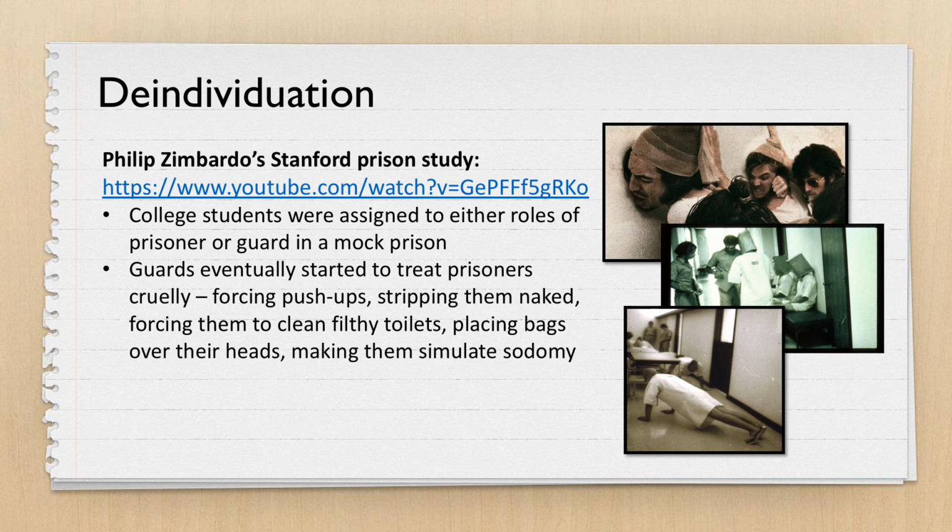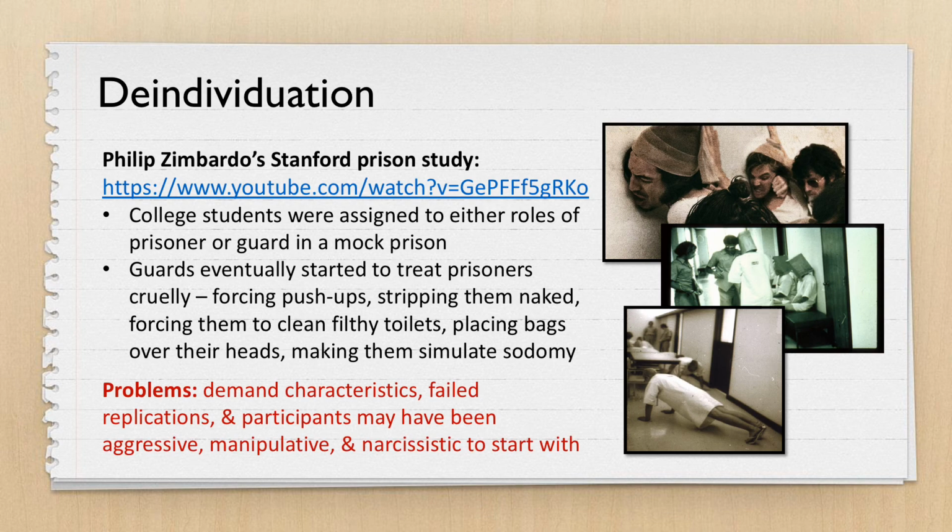This is definitely a classic study, but there are problems with this study. The prisoners and the guards may have experienced demand characteristics to behave in accord with their assigned roles. Also, at least one study failed to replicate the findings of this study. In addition, perhaps the participants in this Stanford prison study were not so average at all.